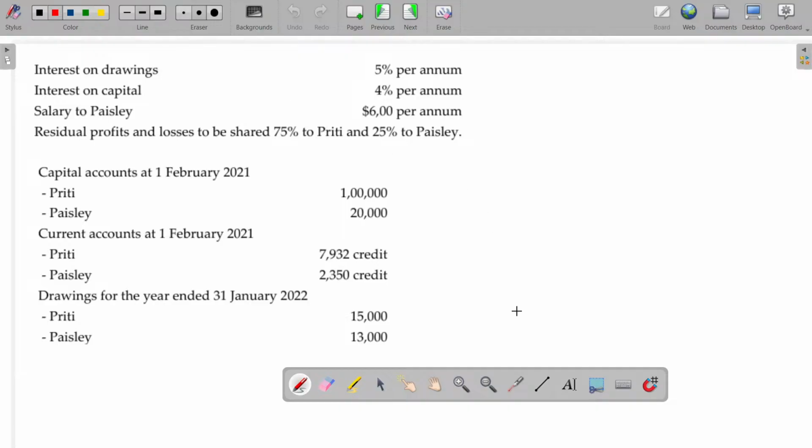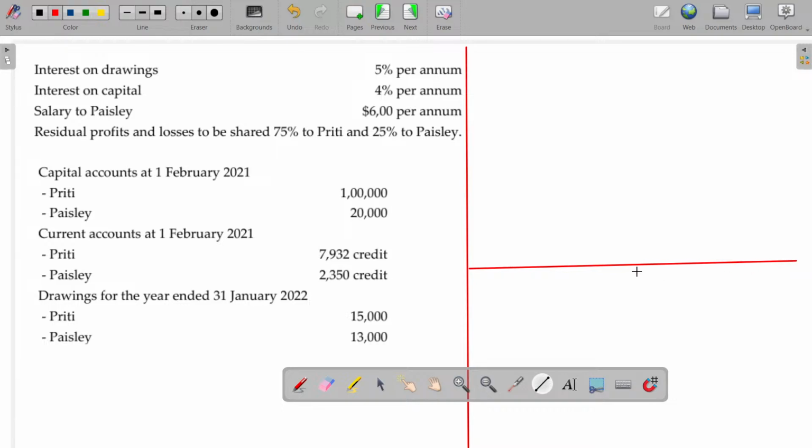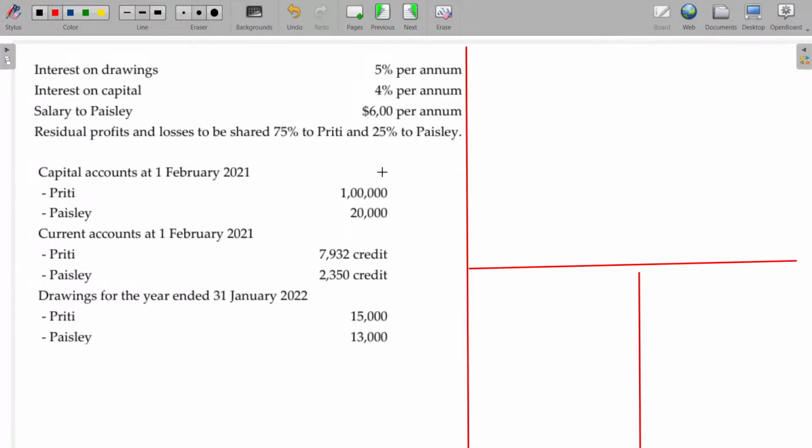Now, partners capital account. Paisley current account. Paisley current account.